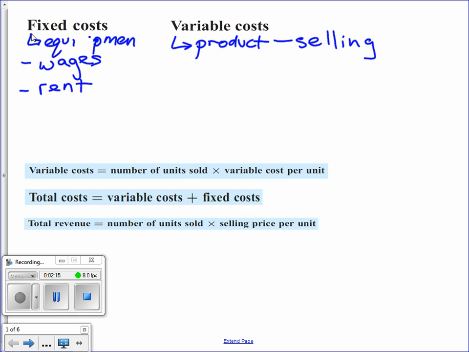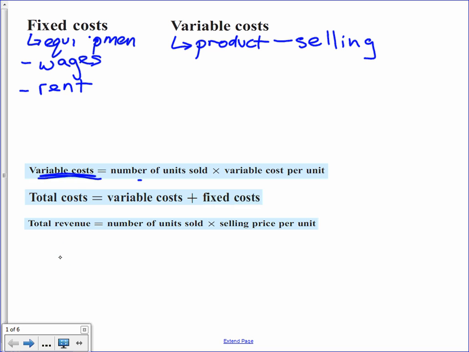If you sell 1,000 hamburgers, you're going to need a lot more of everything. So your variable costs depend on the number of units sold times the cost per unit. Total cost is your variable cost and your fixed cost put together. Your total revenue is the number of units sold by the selling price per unit. And you'll see what I mean with these in a minute.